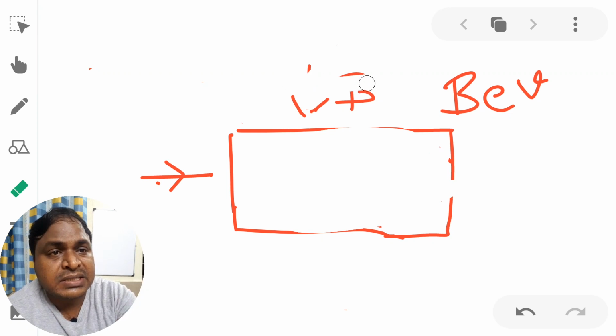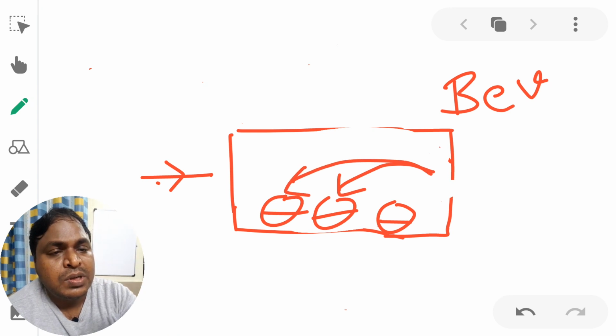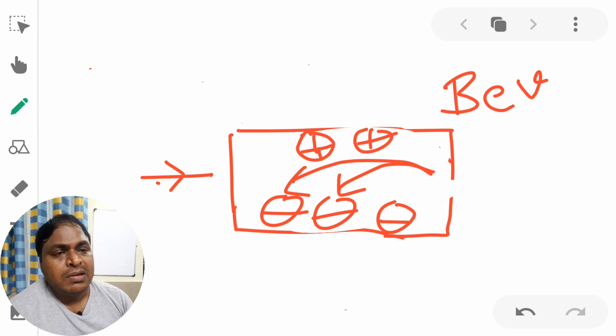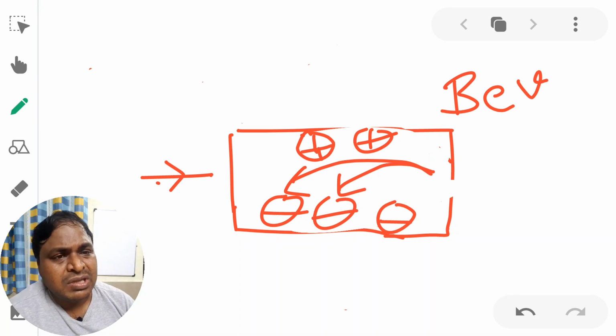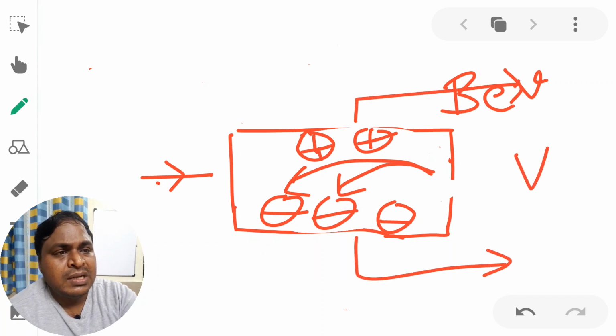So what will happen is the electrons will move in a circular motion and settle down in the bottom face of the semiconductor, creating a potential difference, meaning all the electrons come down to the bottom face, leaving few positive charges on the other face. So hence you will have a potential difference.